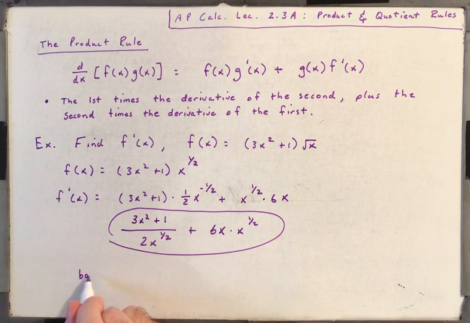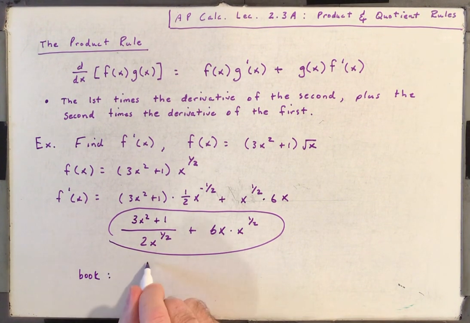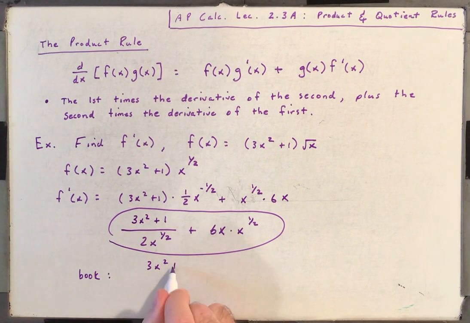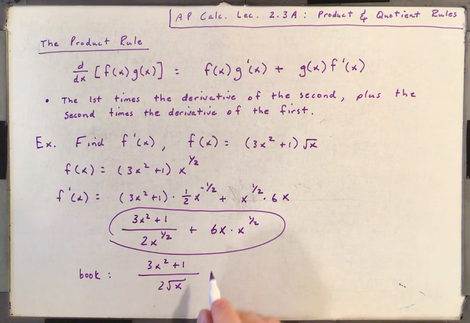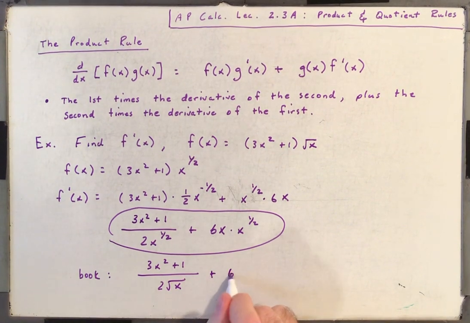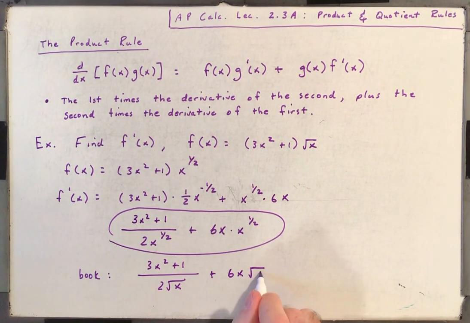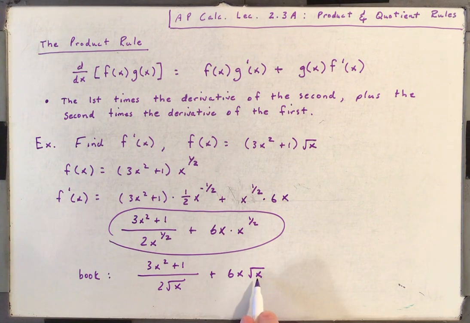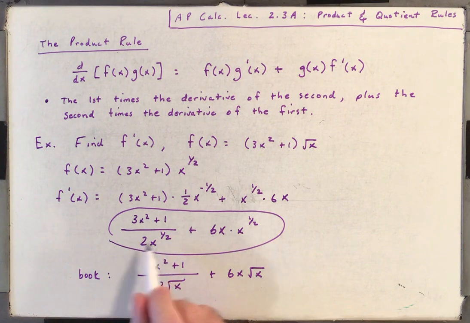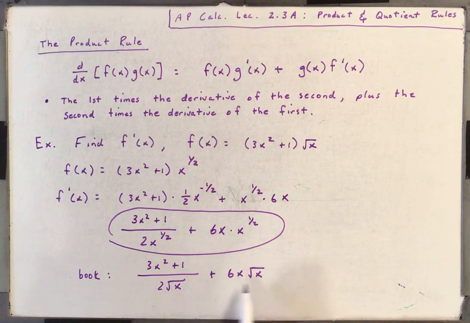The book would probably do it this way: 3x squared plus 1 over 2 times the square root of x, plus 6x times the square root of x. Now x times the square root of x is x to the 3/2. They might do that. I am fine with you leaving it this way. It is a little cleaner to at least bring the radicals back in for that. So there you go.